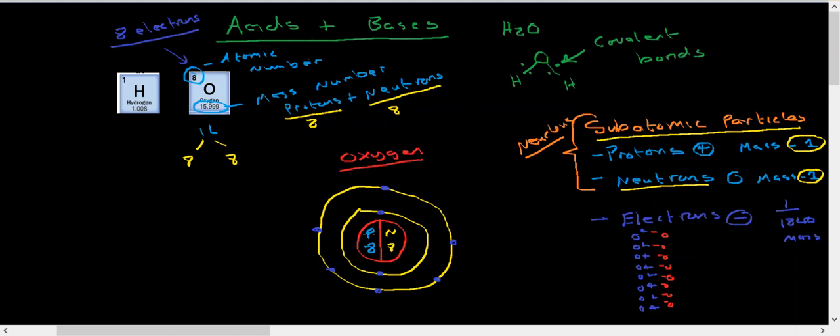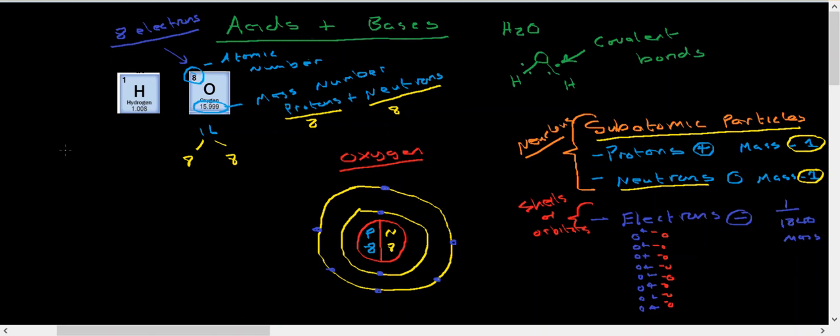Again, you have the nucleus, you have 8 protons, 8 neutrons, and then outside in the orbitals, or the shells, you have the 6 electrons. So the location of the electrons is in the shells or orbitals. That's basically just these regions in space out here where the electrons can move around.